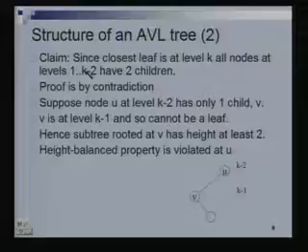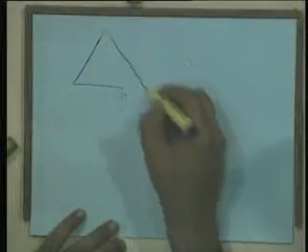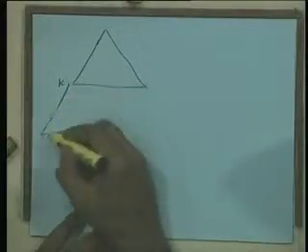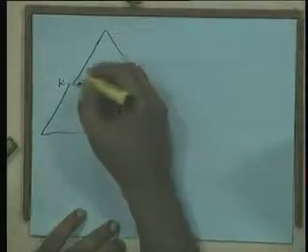So every node on levels 1 through k minus 2 has to have 2 children, right? At level k minus 1, however, there can be nodes with only one child. That you understand, right? This is level k, and of course the tree extends. This is the level at which the closest leaf is.